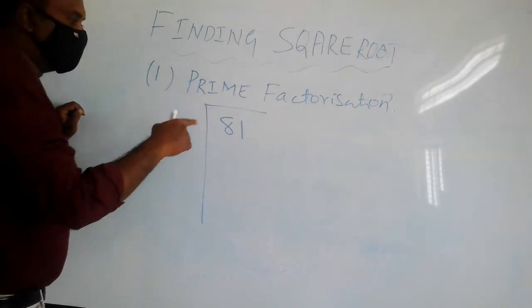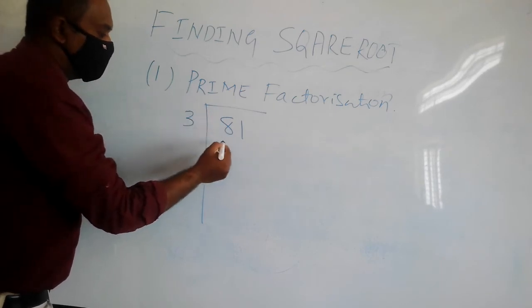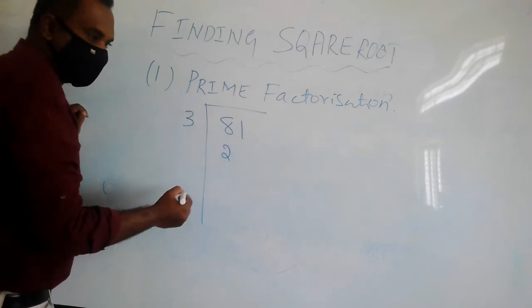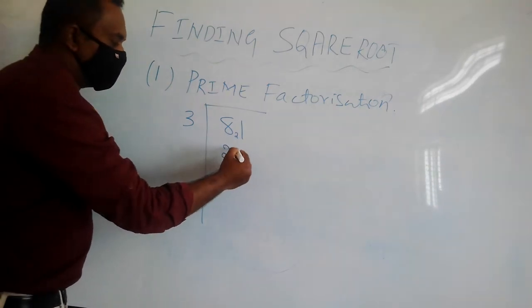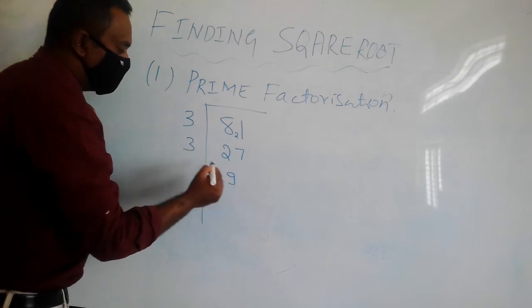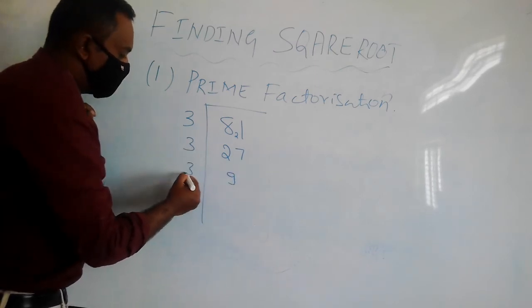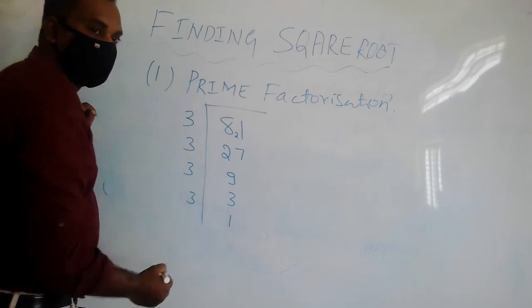Take 3 here, because 1 will automatically leave 3. 3 2s are 6, 3 7s are 21, 3 9s are 27, 3 3s are 9, 3 1s are 3. Clear?